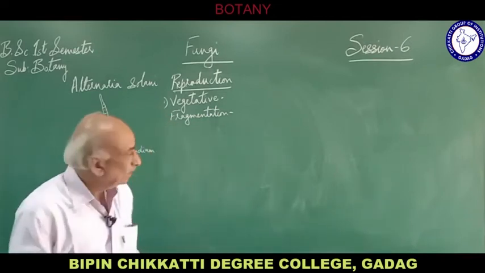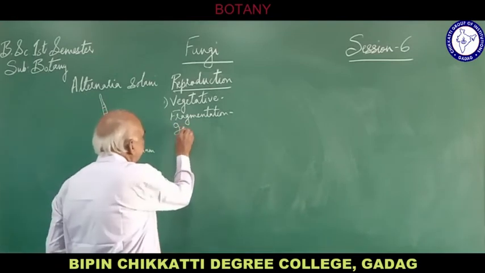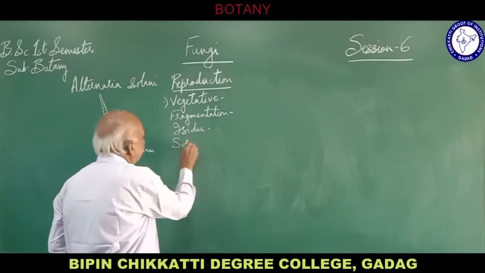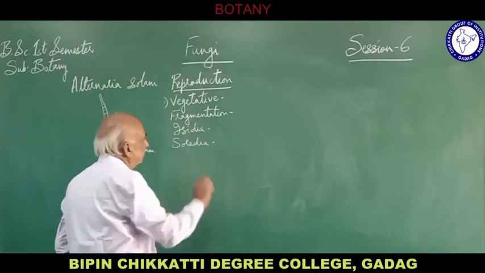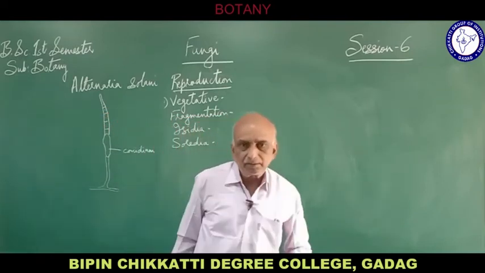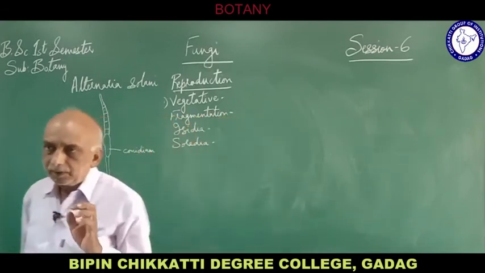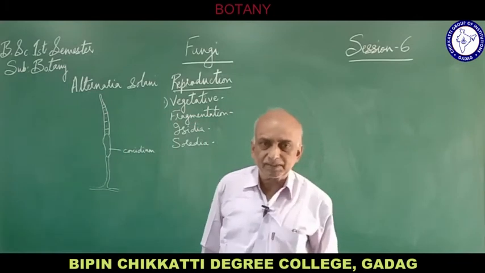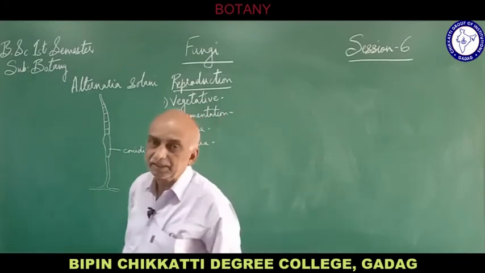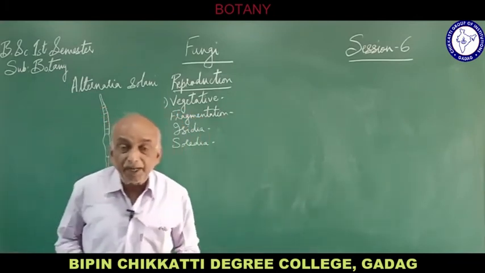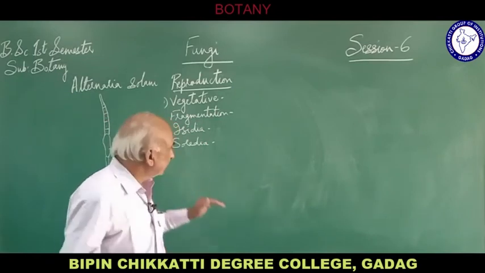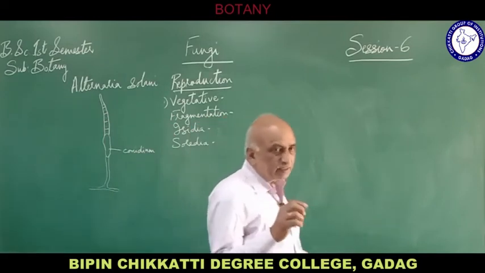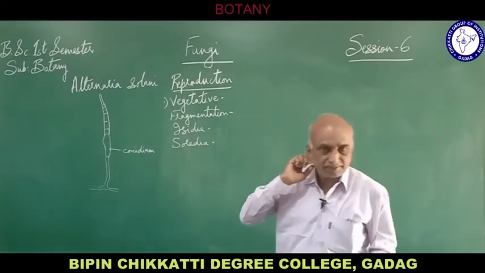Then another method of vegetative reproduction is by Isidia and Soredia. These are structures on the surface of the thallus: small finger-like projections or papilla-like structures. These papillate outgrowths on the surface of the thallus are called Isidia. They consist of a certain group of cells.